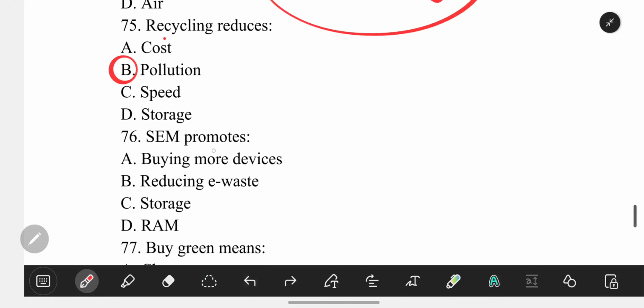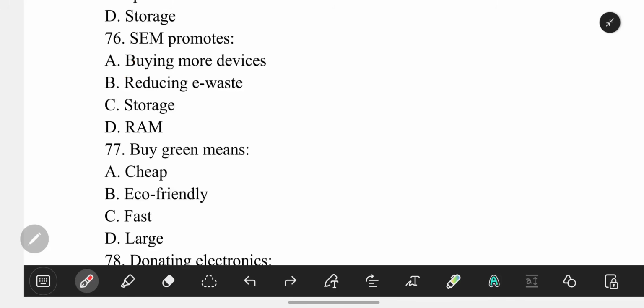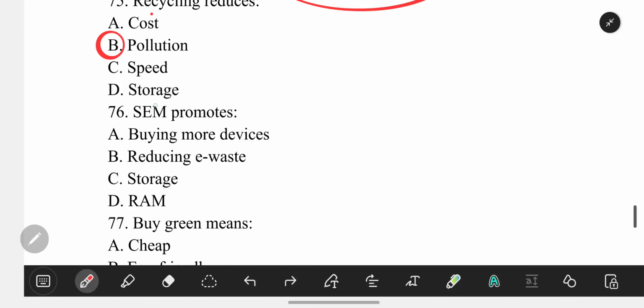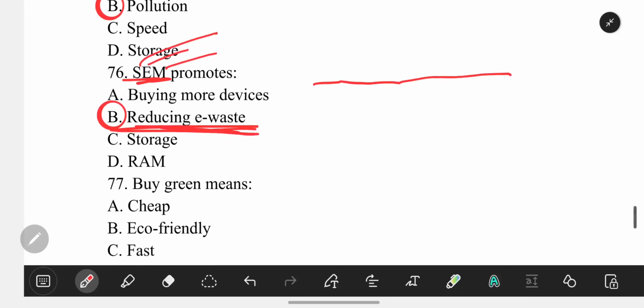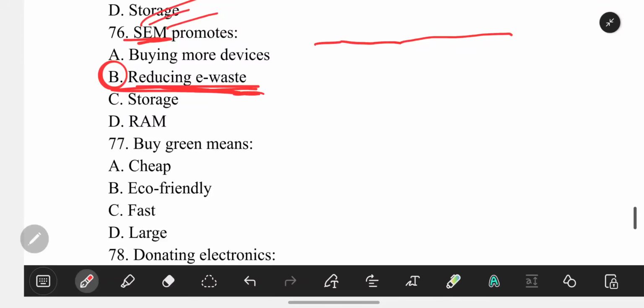Then we have SEM, promotes. So what is SEM? This is just sustainable electronic management. Sustainable, sustaining something, electronic management. So this one just promotes reducing e-waste, the wasting of electronic materials, by safely taking care of them.